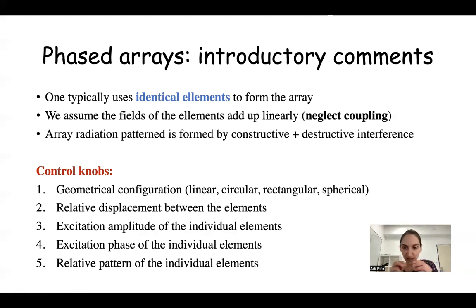We can change the relative displacement between the elements, or the excitation amplitude of each one of the sources, the excitation phase, as you've seen in the movie about the water waves. By varying the phase, we will vary the angle, and we can change the relative pattern of the individual elements by choosing different elements, like a loop or a helix, et cetera.